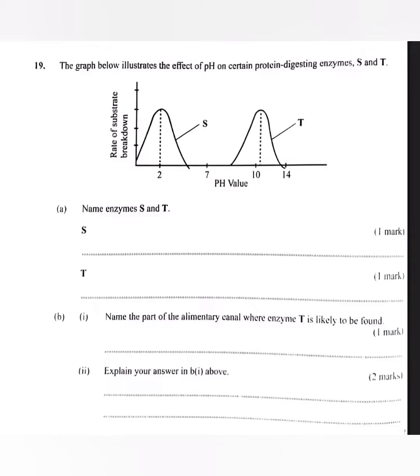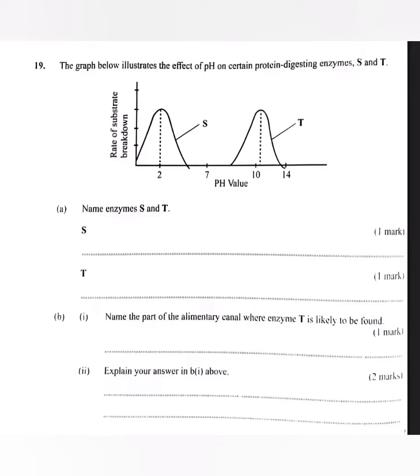So now here we have two enzymes, enzyme S and enzyme T. Enzyme S is operating under acidic pH, or acidic medium, because it has the optimum pH of 2.